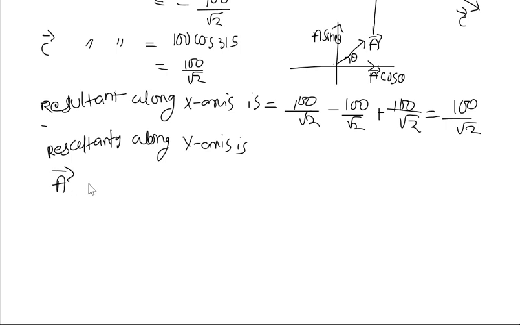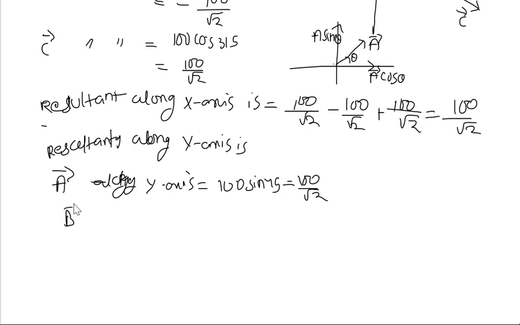First we calculate the a vector resultant along the y-axis, which is vector A into sine theta. Here vector A magnitude is 100 and sine 45 degree, so its value becomes 100 by root 2, because sine 45 degree is also 1 by root 2.